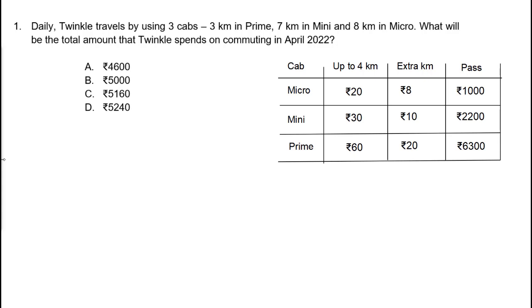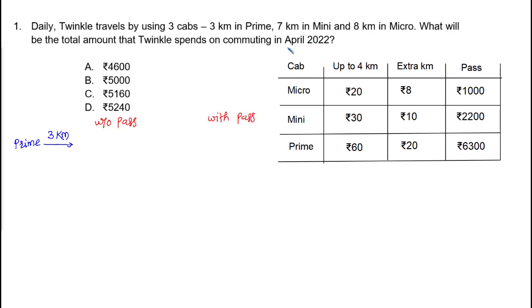So Twinkle travels 3 kilometers by using prime. So the total expense without pass is going to be how much? Let's have a look at it. Total expense without pass, and then with pass.